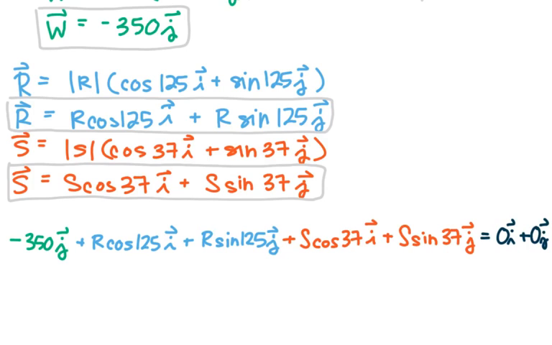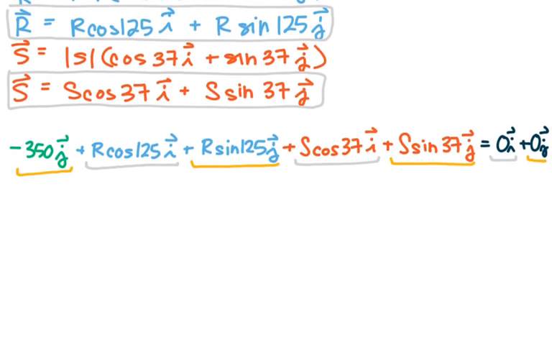Now, we want to solve for R and S. So the way we're going to do this is I'm going to look at my I components. I have two I's on the left and one I on the right, as well as my J components. I have three J terms on the left and one J term on the right. So I know that my I's are equal to 0 and my J's are equal to 0.